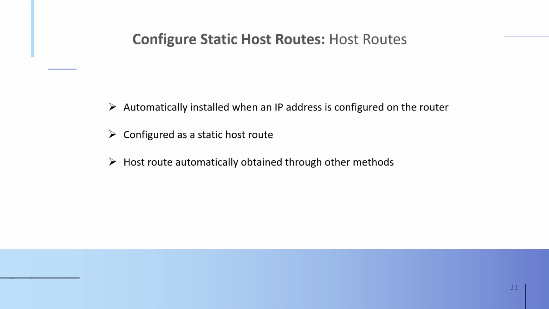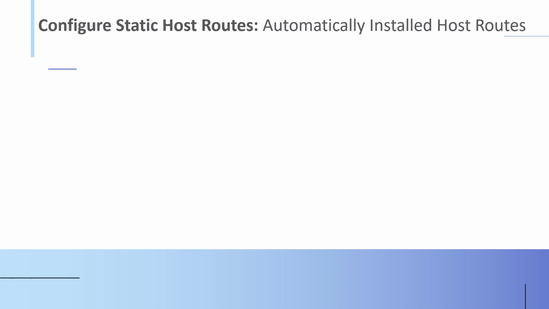A Cisco IOS automatically installs a host route, also known as a local host route, when an interface address is configured on the router. A host route allows for a more efficient process for packets that are directed to the router itself, rather than packet forwarding.